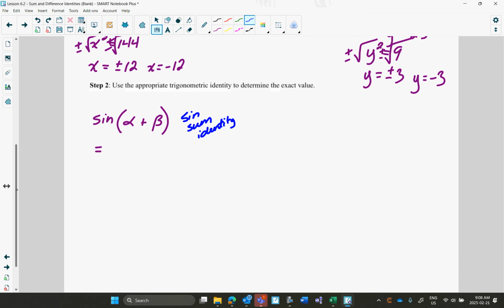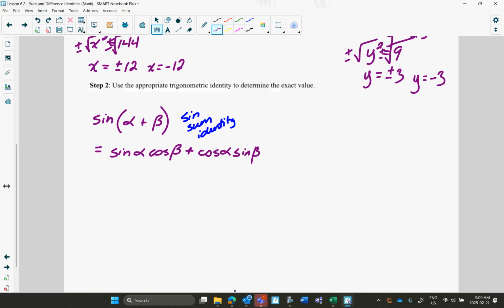sine sum is equal to the sine of the first one, alpha, times cosine of the second one, beta, plus cosine of the first one, alpha, times sine of the second one, beta.